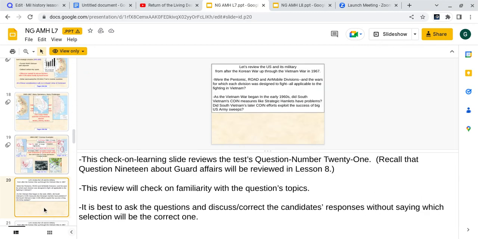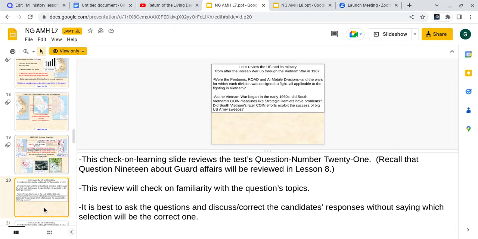Alright, so what's most important to know about what we just talked about? For the Pentomic, Road, and Air Mobile divisions, and the wars each division was designed to fight, were they all applicable to fighting in Vietnam? So Road and Air Mobile divisions were applicable, right? The Road, where you use the triangular divisions, where you have flexible, deployable units, all in threes, 3 regiments, 3 companies, 3 platoons.